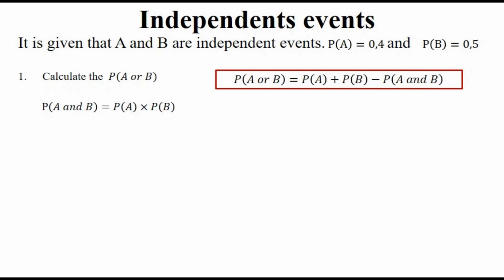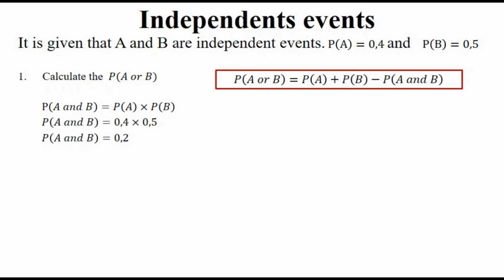So with this equation you will be able to get the probability of A and B. Then you substitute the probability of A is 0,4 and the probability of B is 0,5. Then it gives us that the probability of A and B is 0,2.